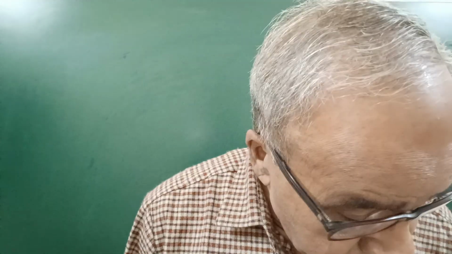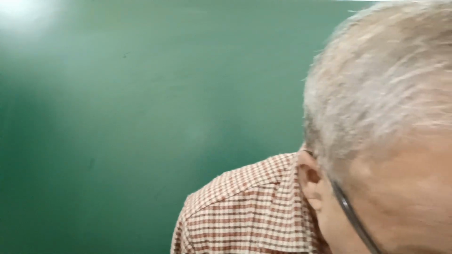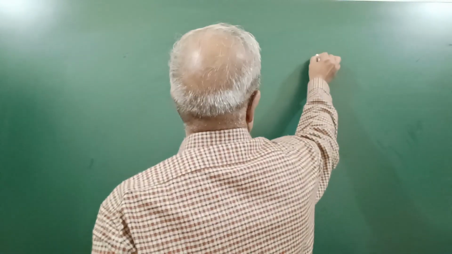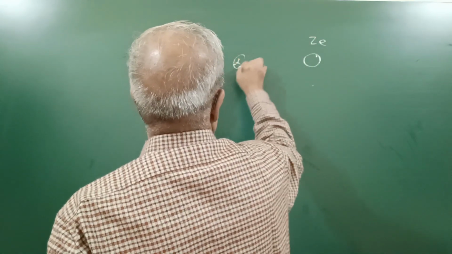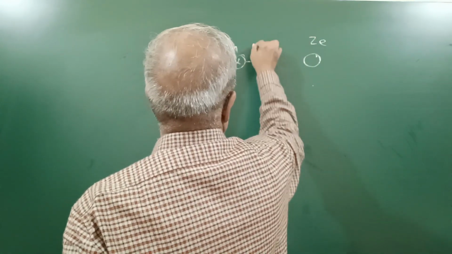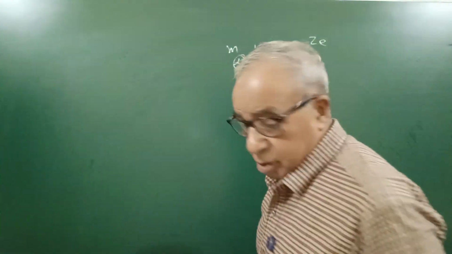The first question: in an alpha scattering experiment, when an alpha particle of mass m moving with velocity v bombards a heavy nucleus of charge Ze. Here is the nucleus of charge Ze, and an alpha particle of mass m moving with velocity v is incident.